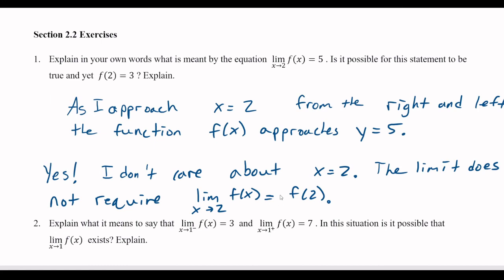This is a much more special condition that we will explore, okay? But it does not need to be true here. It does not require that it equals the function at that value. The function could just not be defined. That's okay. The limit can still exist. The function can be a circle there. Unfilled in circle. That's our usual way to do that, which I'll show you in just a second. Totally fine.